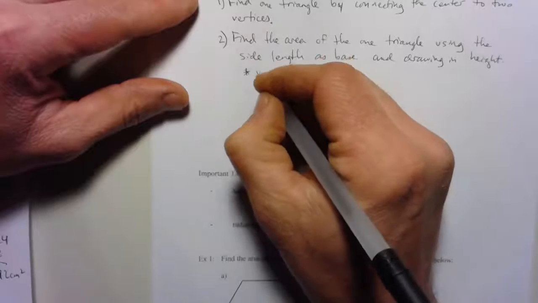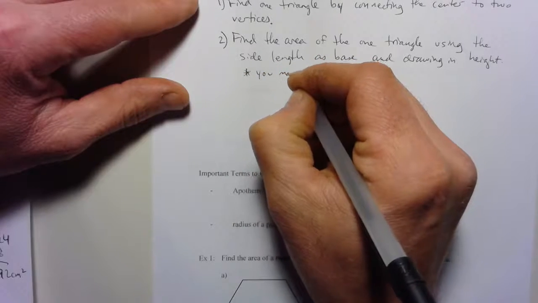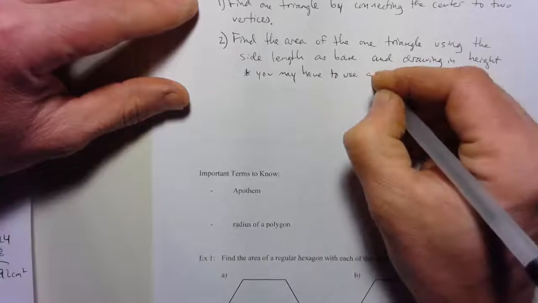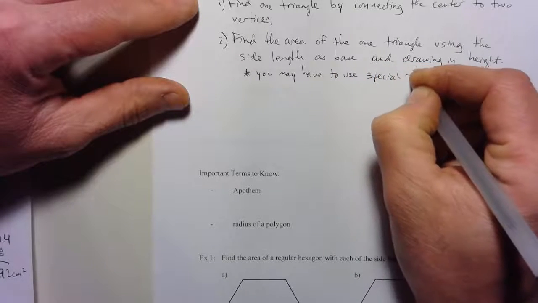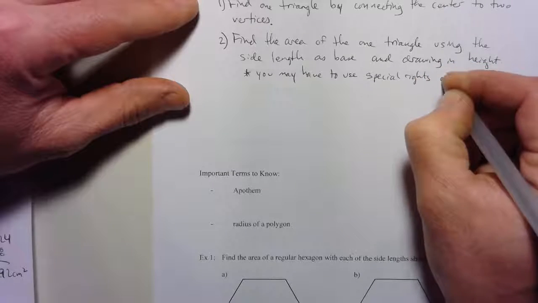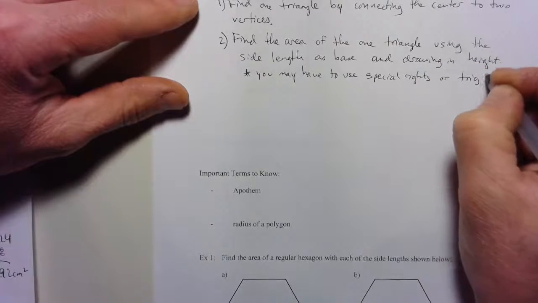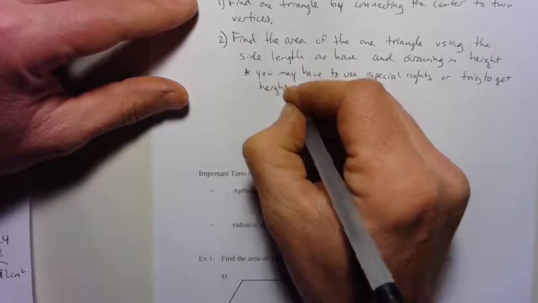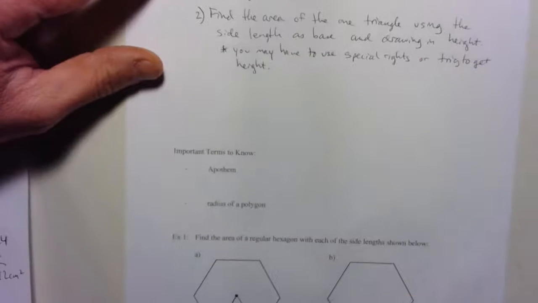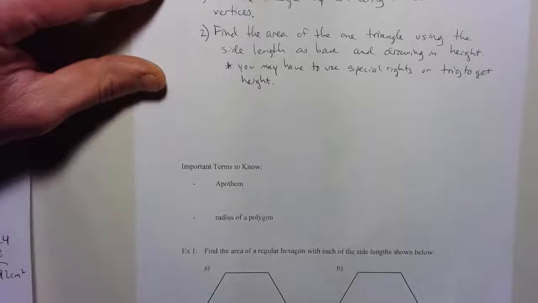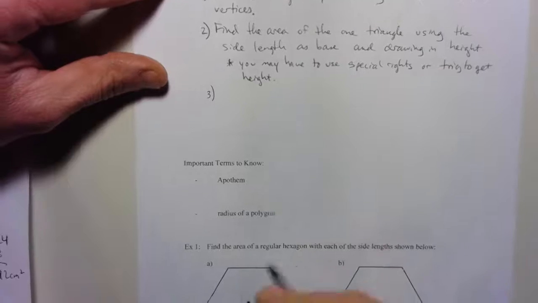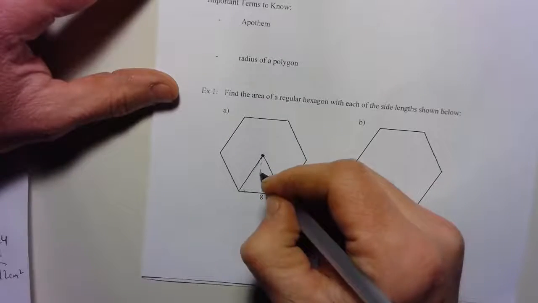One of the things for this, you may have to use special rights or trig to get the height. While when we did these first examples, we used our ruler, we're not always going to be using the ruler. So we might actually have to get those measurements, and I'll show you how we do that. Okay. So we have the height in right here.